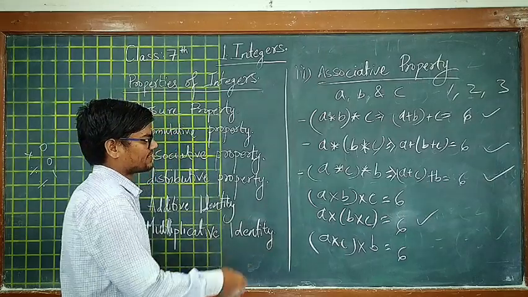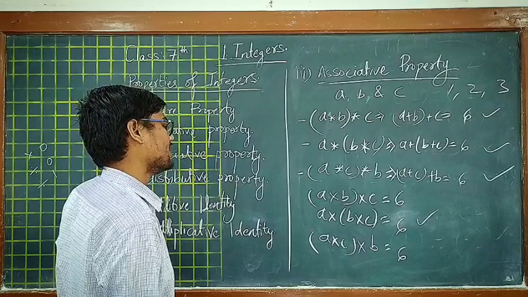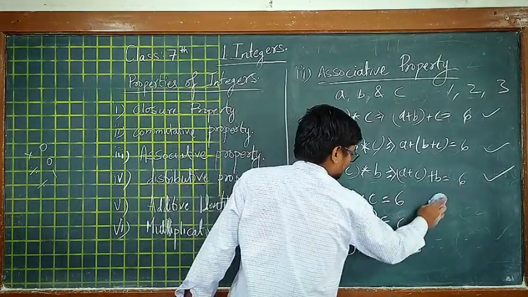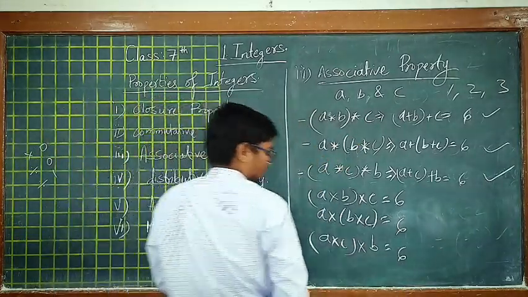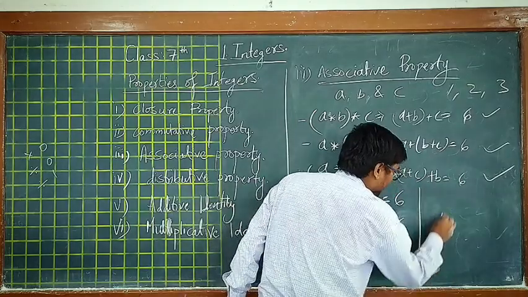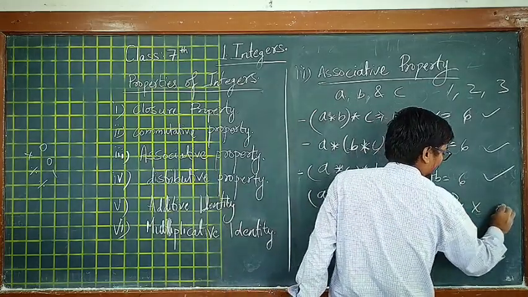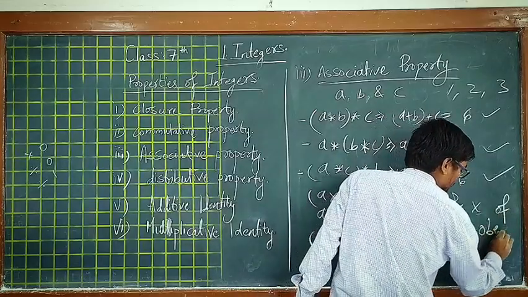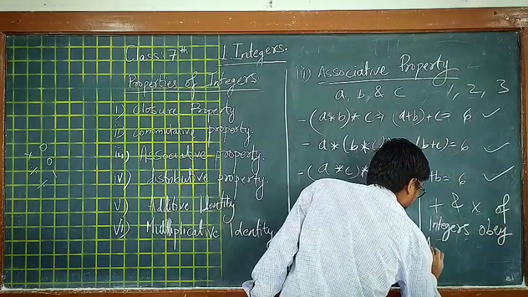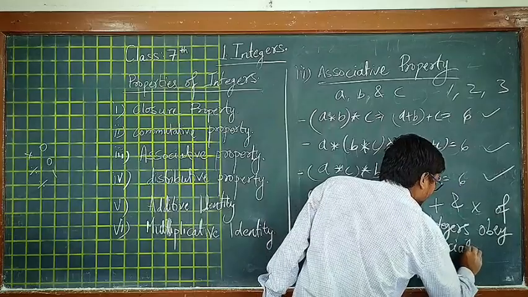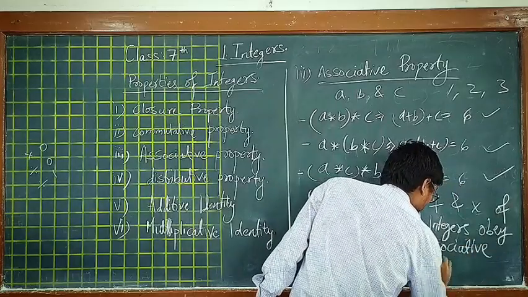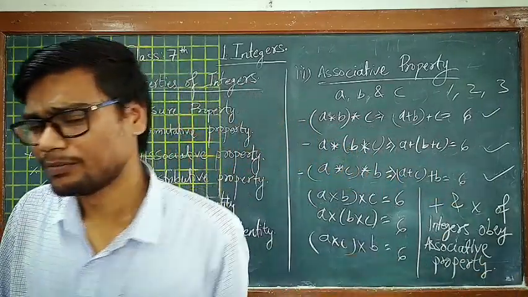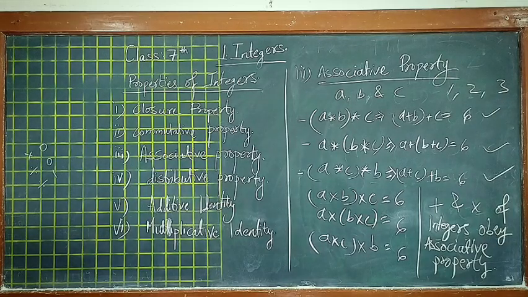Okay, so we can generalize that addition and multiplication of integers obey associative property.